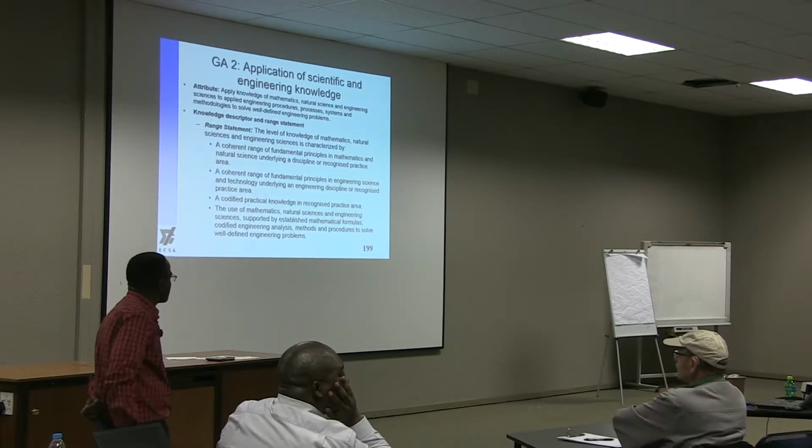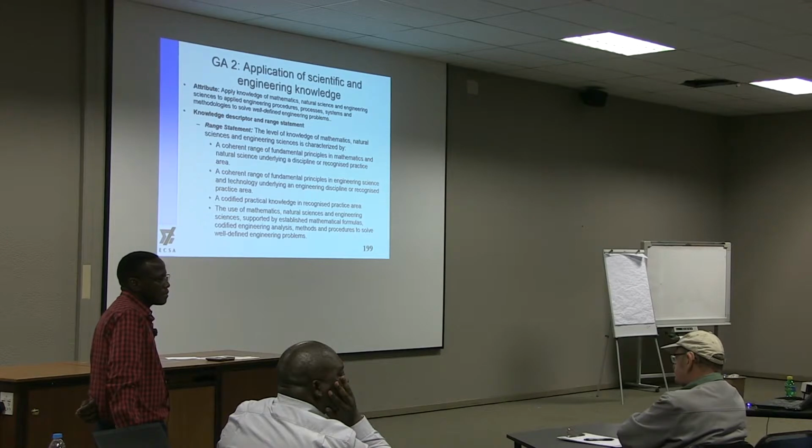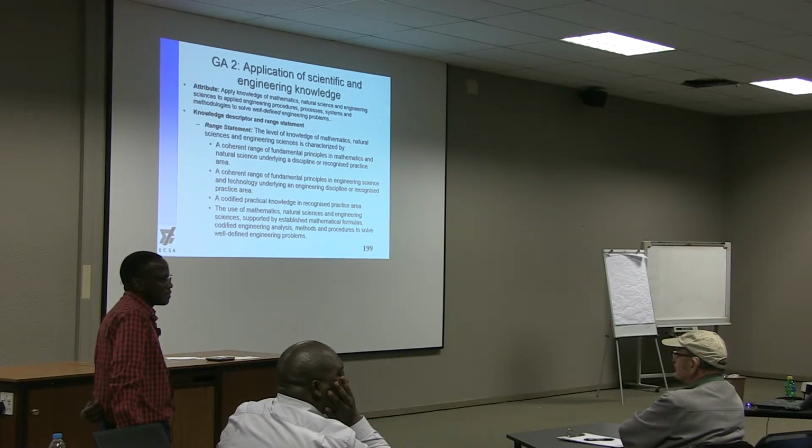Then the other point is that we're having this exit level, and my assumption is that our exit levels are all those that fall at level 6, because our diploma course is NQF level 6. So I have communication skills, which is at level 6.